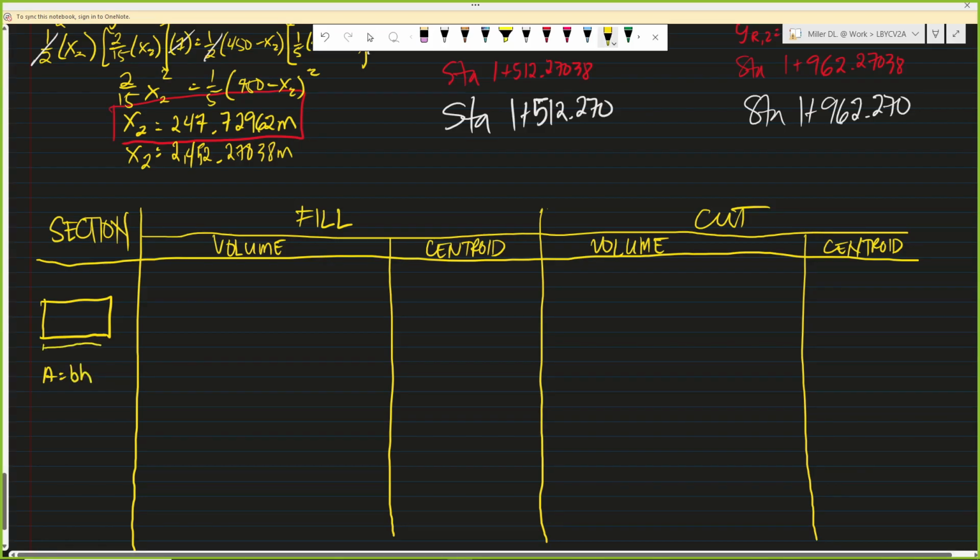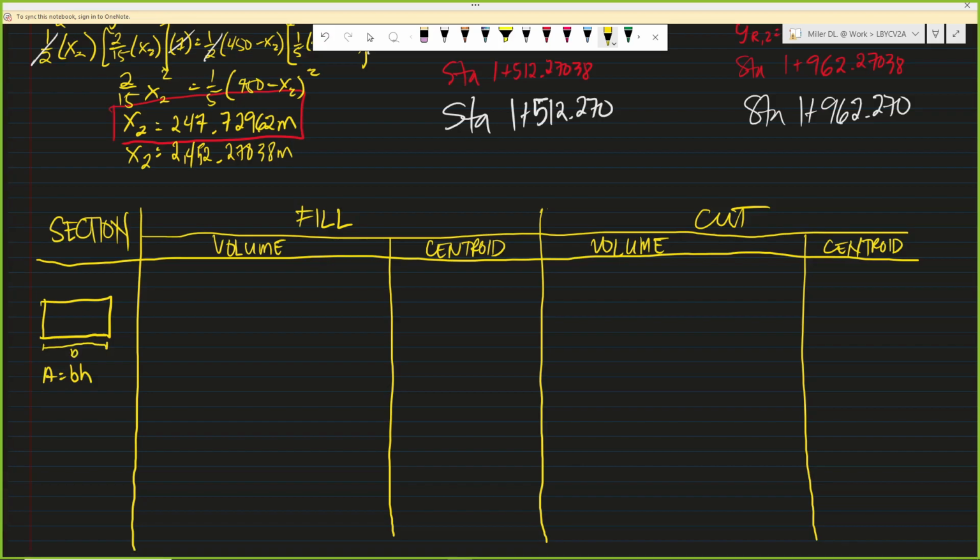Ito ang base. Tapos ito naman yung altitude. And as for the centroid, it is located just 1/2 of the base and 1/2 of the altitude. 'Di ba? So, let's start first with the volume.